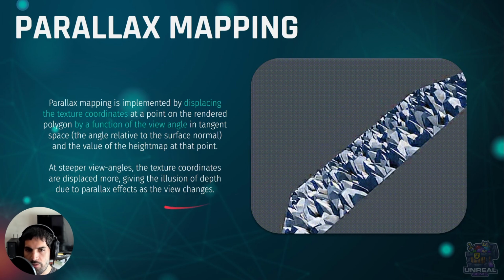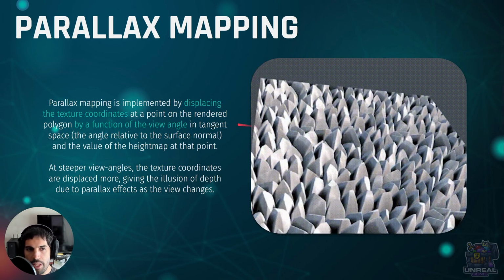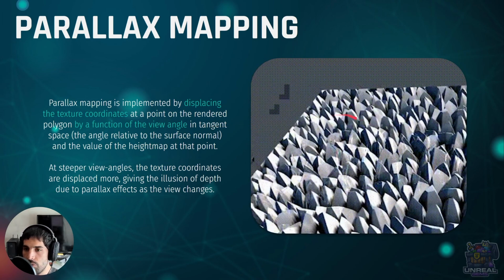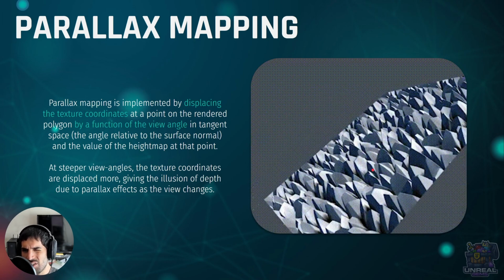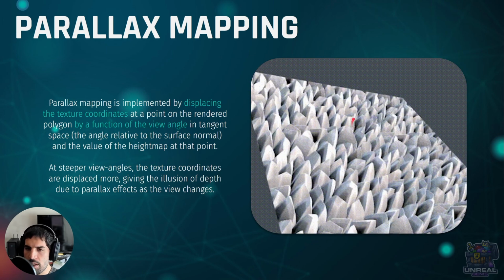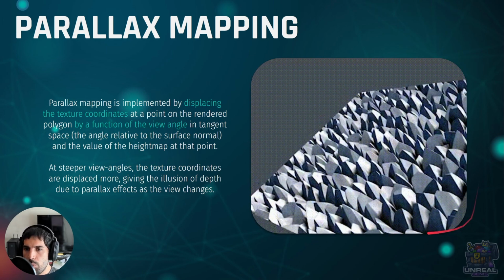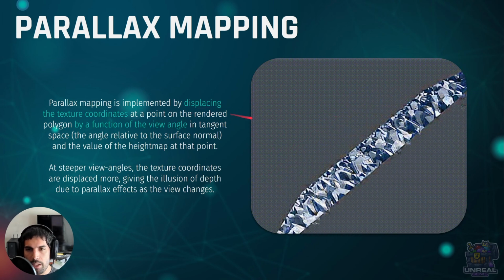Okay, so first of all we have parallax mapping, which is a technique that displaces the texture coordinates to fake depth. It can sometimes also be called bump mapping or similar things, bump offset in Unreal. So just bear in mind that we have this type of effect with parallax mapping.